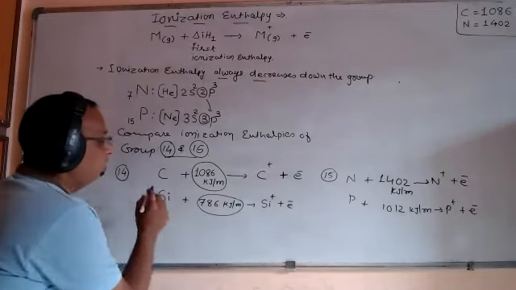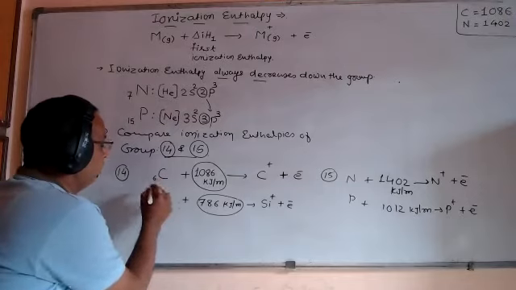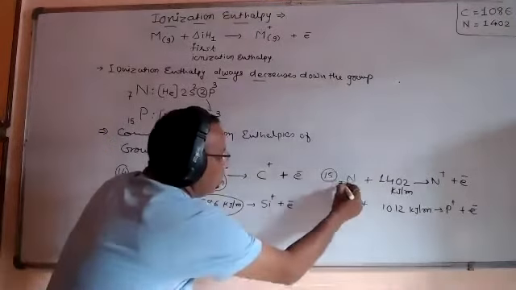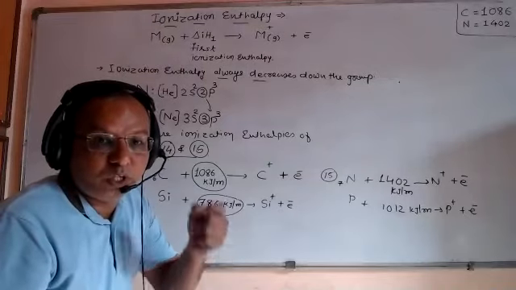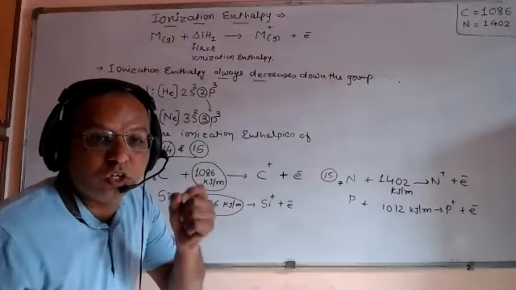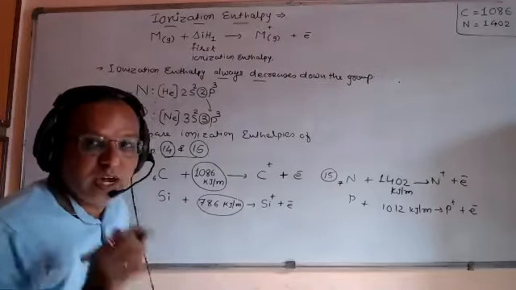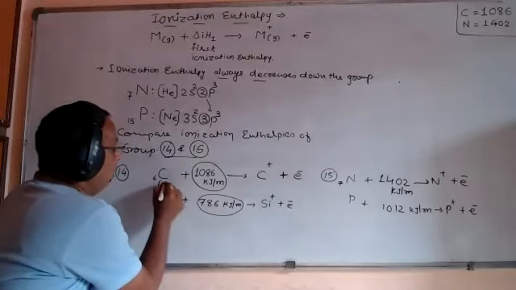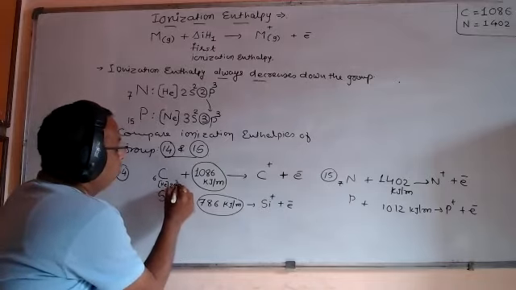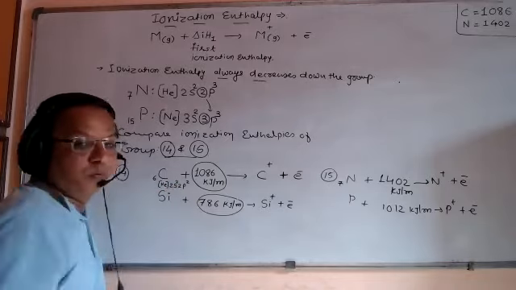Carbon's atomic number is 6 and nitrogen's atomic number is 7. But numbers are not important here. Important is their electronic configuration. Carbon's electronic configuration, friends, is helium 2s2 2p2.